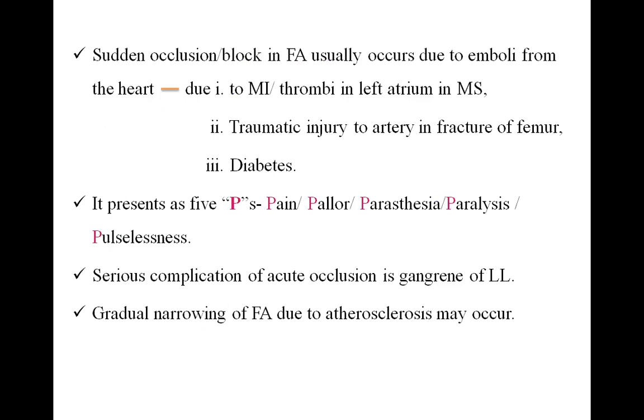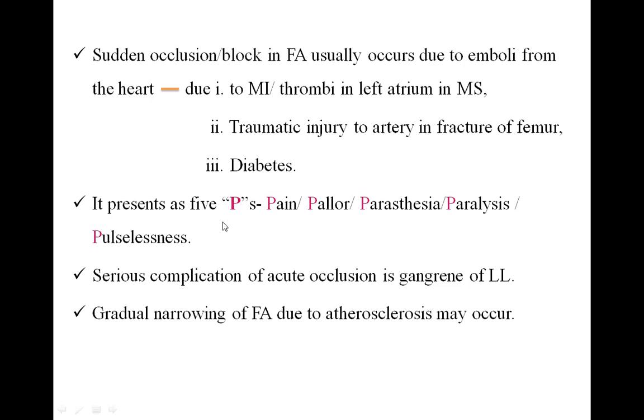Sudden occlusion. A block in the femoral artery usually occurs due to emboli from the heart. This may occur due to myocardial infarction or thrombi in the left atrium in mitral stenosis, traumatic injury to the artery in fracture of femur, or in diabetes.